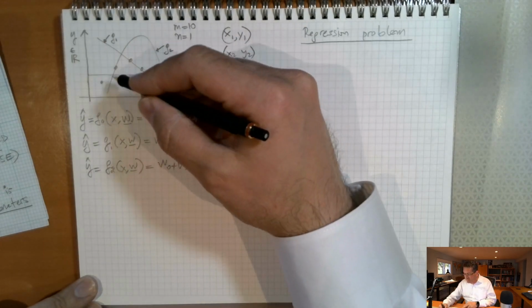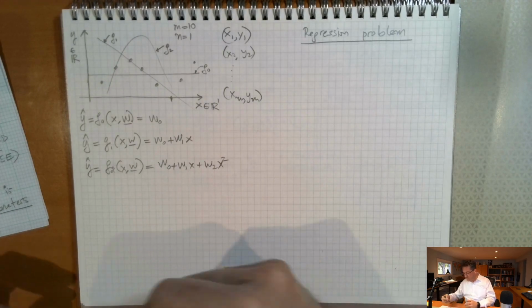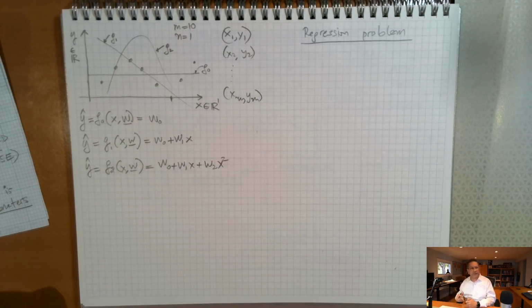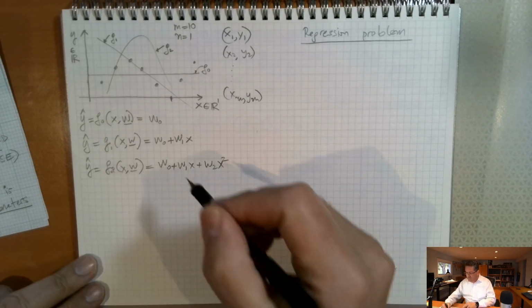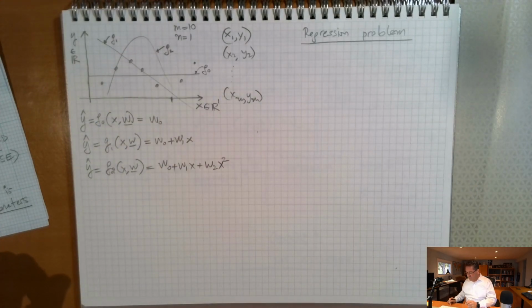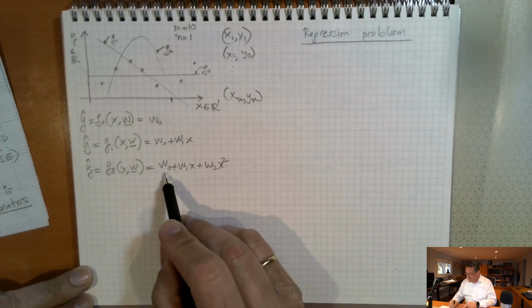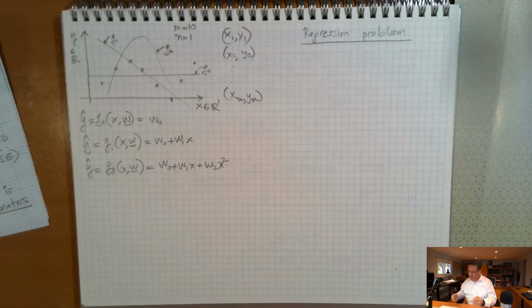With this hypothesis we are expecting these equations to draw quadratic lines. It's a quadratic function, so something like that could potentially be drawn for specific values of w0, w1, and w2.